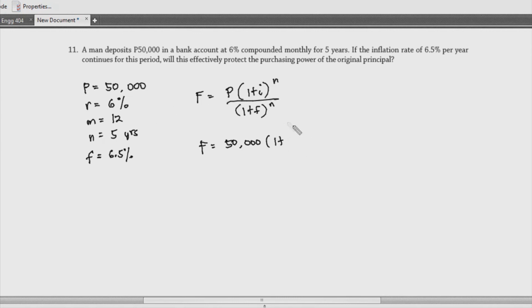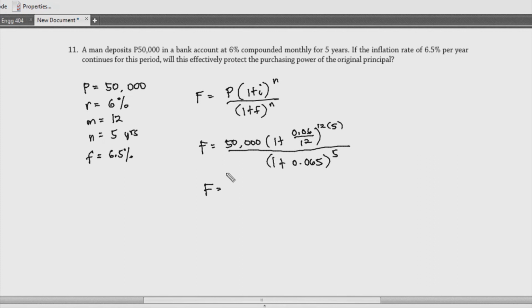So, the interest rate would be the nominal 6 or 0.06 divided by 12 and then raised to 12 times the number of years, which is 5 years. Okay, and then we divide this by 1 plus the annual inflation rate, this is annual, so it's 0.065. Okay, and then how about the exponent? So since di ba inflation rate ito per year and we have 5 years, so that is 5. So wala na siyang 12 kasi that is used for the discrete payment that we have.